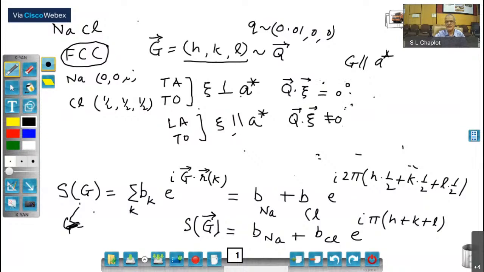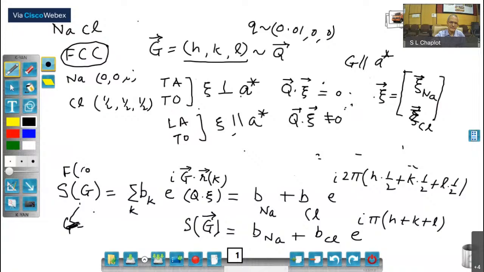Now the displacement is the x, y, and z component of sodium, and also x, y, and z component of chlorine. Therefore, apart from these two terms, I have to introduce another term, that is q dot xi, if instead of the Bragg structure factor I have to use a one phonon structure factor.